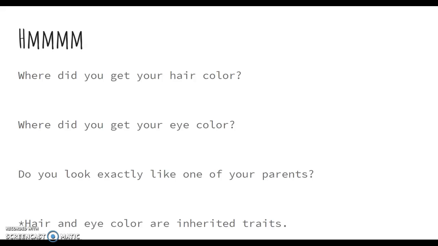And if not, what about your grandparents? Where did you get your eye color? And do you look exactly like one of your parents? You can go ahead and write those on page 111. Again, you're just jotting down your thoughts here.